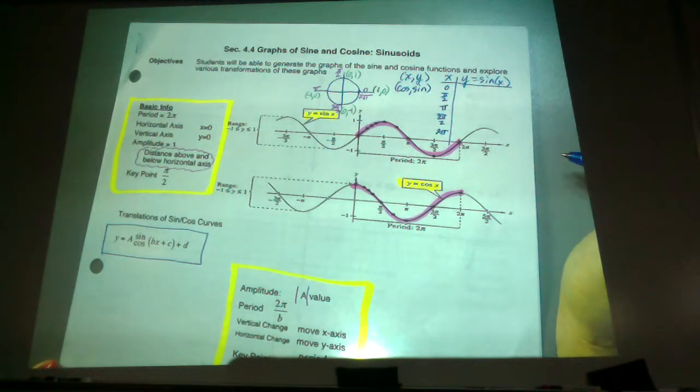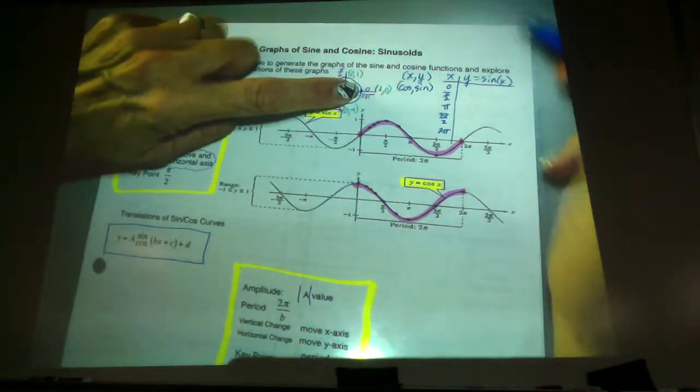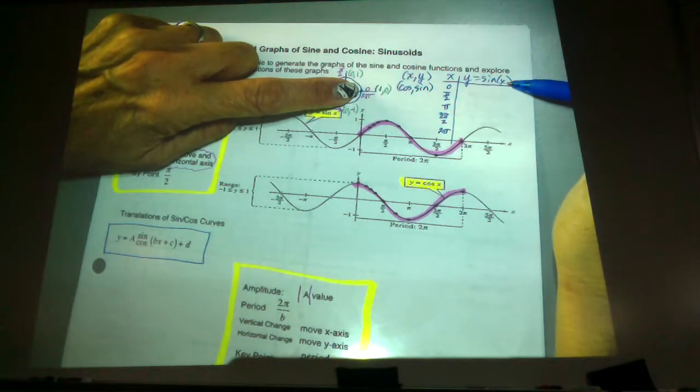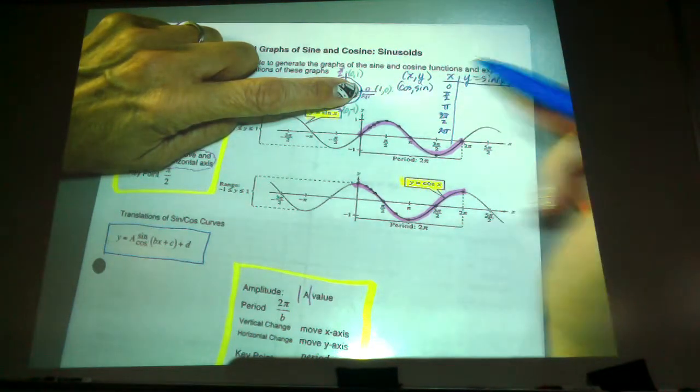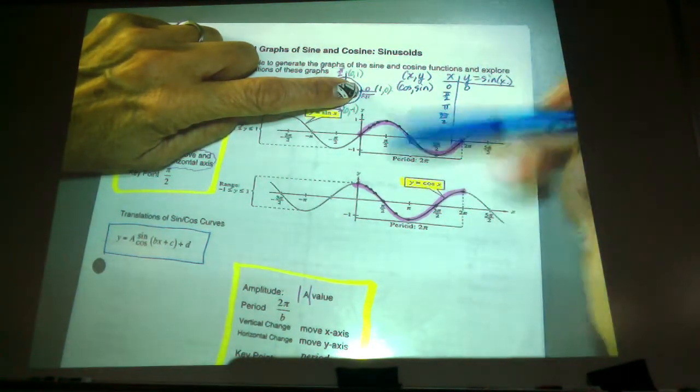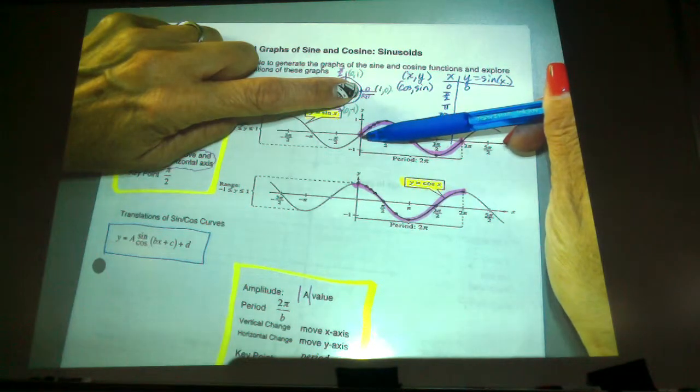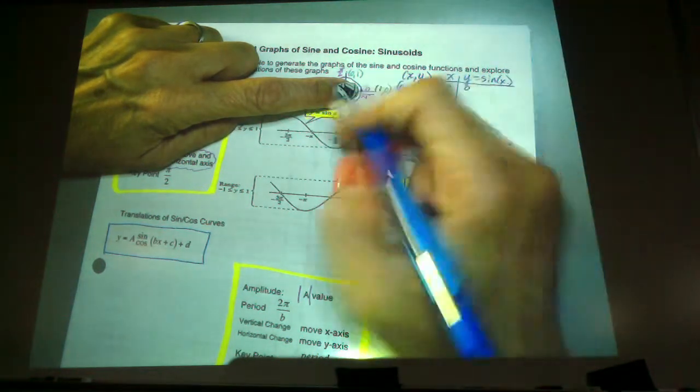Those are key points, by the way. When I replace x with 0, I'm finding the sine at 0 radians. The y value at 0 radians is 0. So it makes sense that my sine graph will start at 0, 0. So there's this point right here.